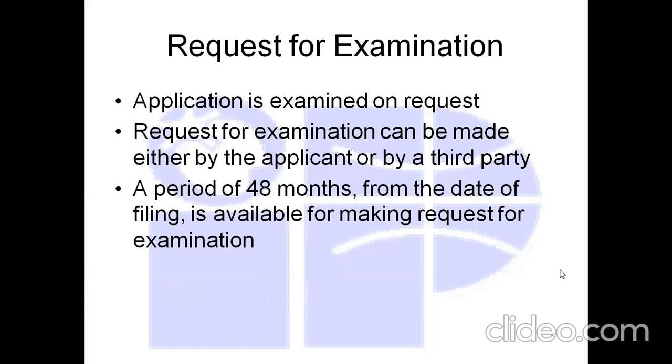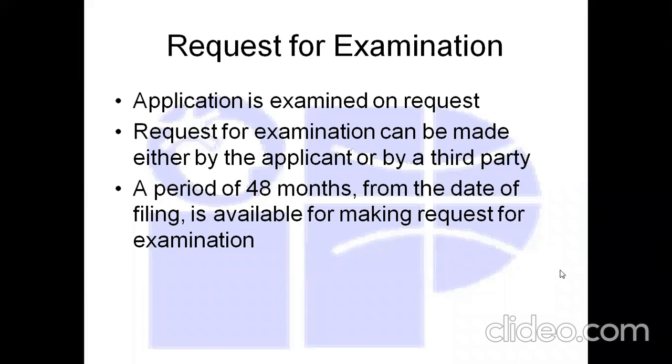Request for examination: after publishing or filing a patent, we go for the request for examination. The application is examined on request. The request for examination can be made either by the applicant or by a third party. A period of 48 months from the date of filing is available for making a request for examination, right?